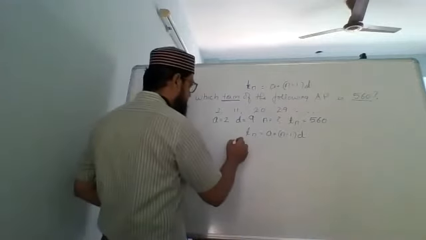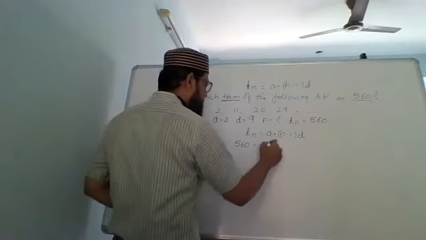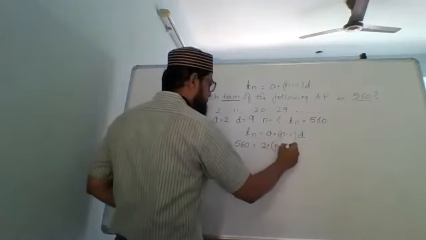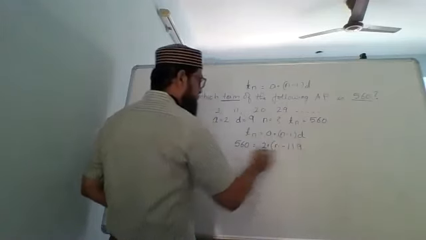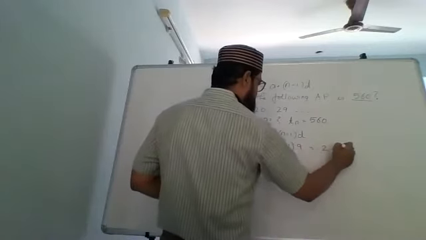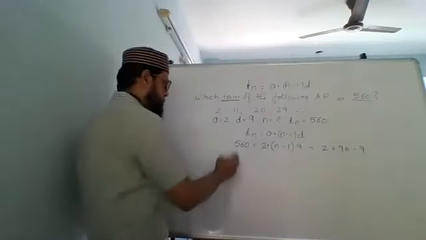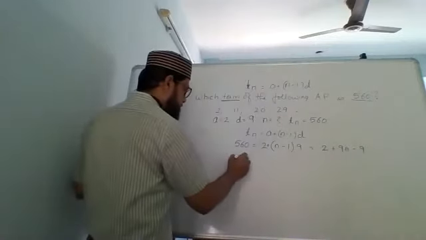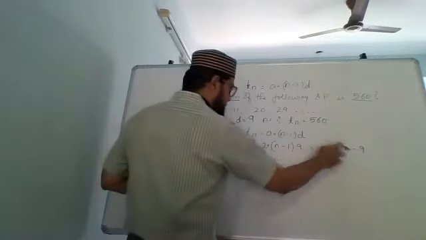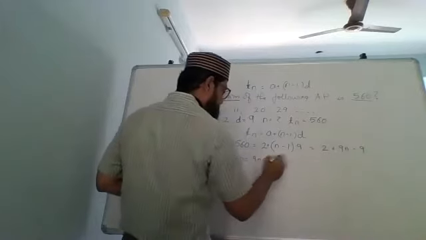Tn is A plus (n minus 1) D. A is 2, N पता नहीं, D 9. Expand this. So this will be 2 plus 9n minus 9. 560 equals to 9n. 2 minus 9 is minus 7.